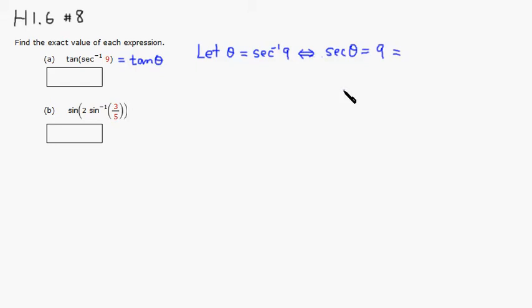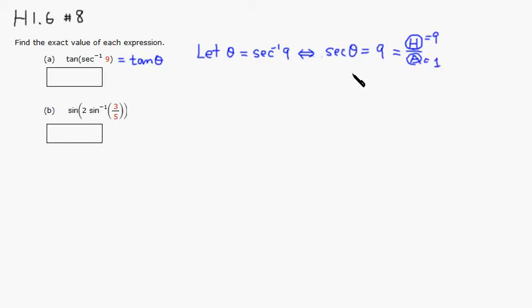So its reciprocal would be hypotenuse over adjacent, which is 9. So we can set the hypotenuse to be 9 and the adjacent to be, say, 1.